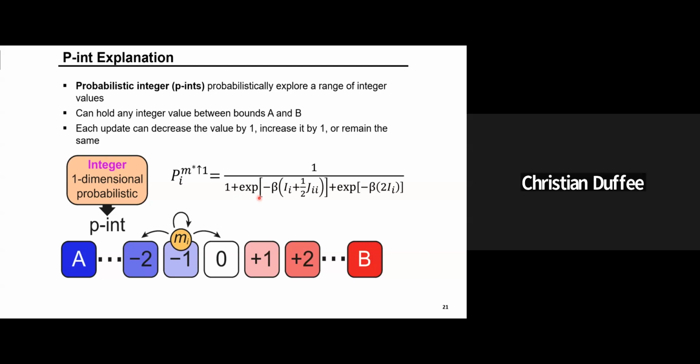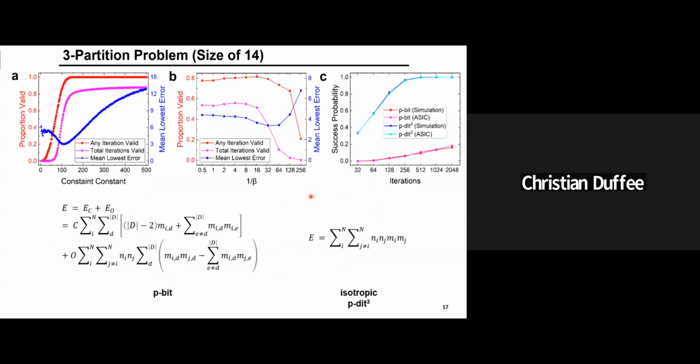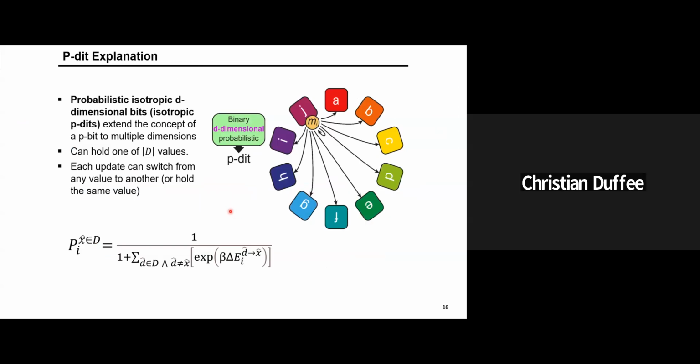For the p-int case, we use exactly this update scheme. So we consider the same I value, which is the influence of neighboring p-bits. On the p-int, we are also considering the self-coupling term. For the p-dit case, it is similar, except we are considering the energy difference between each pair of states.